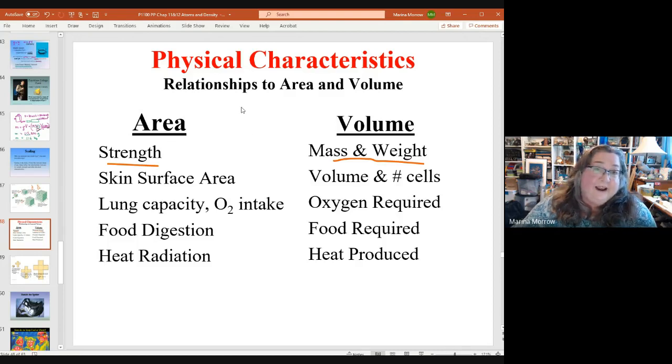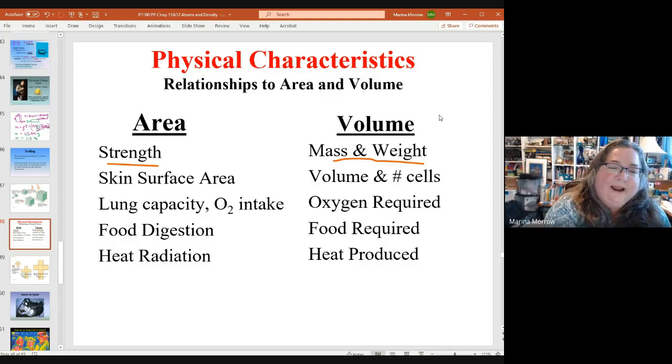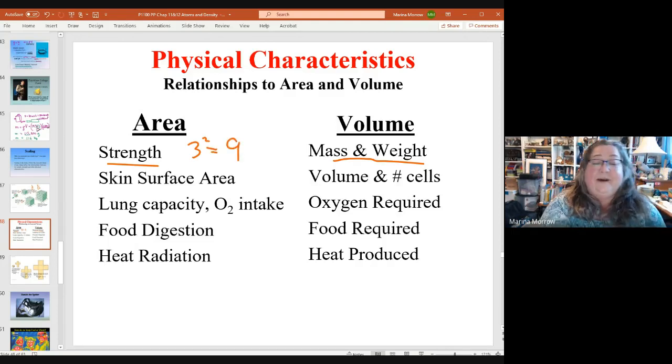The cross-sectional area of their muscles might be 3 times stronger. But the dog now has to carry 27 times more weight, right? So 3 squared, I'm sorry, so the strength would be 9 times greater. I don't know why I said 3 there. So the length is 3 times greater, but the area, which is the strength, is 9 times greater, and the mass and weight is 3 cubed.